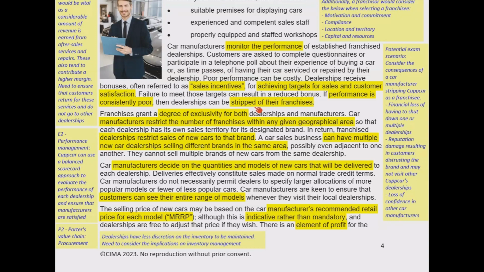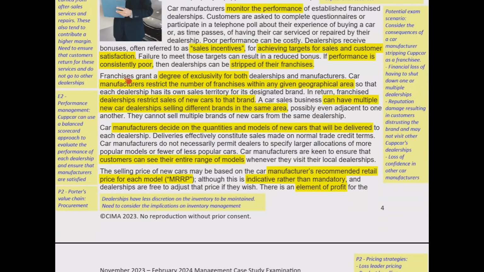Okay, then. Now, it points out in the next paragraph this idea of exclusivity. The idea here is that the car manufacturer does give the dealer some exclusivity. When there is an agreement between them, and the dealer is going to have, for example, a Volvo dealership in a certain location, the car manufacturer will not do an agreement with another dealership to have a dealership within a certain geographical area of the existing one.